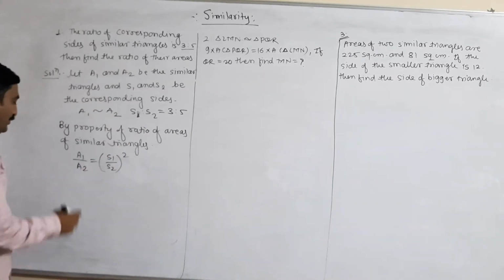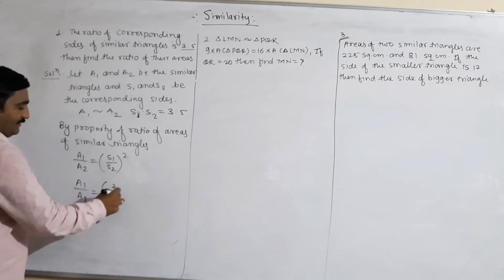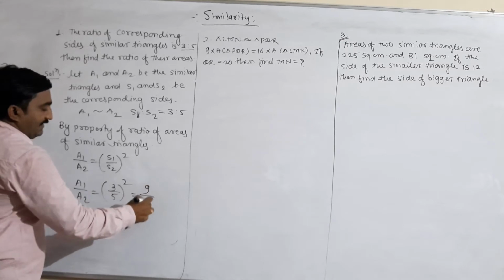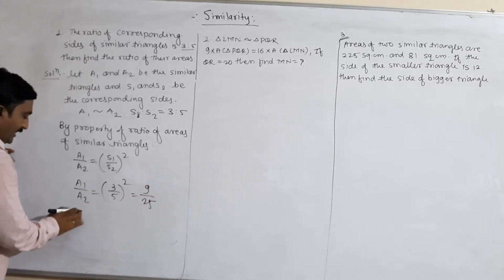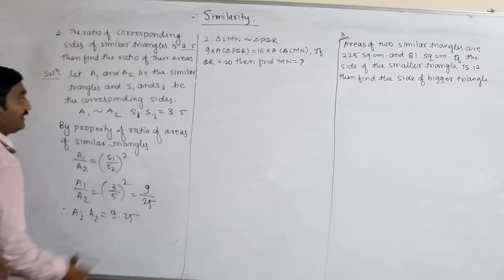S1 S2 याचा रेशो आहे. A1 divided by A2 is equal to here 3/5 bracket square. So 3 square 9, 5 square 25. Therefore A1 is to A2 is equal to 9:25.